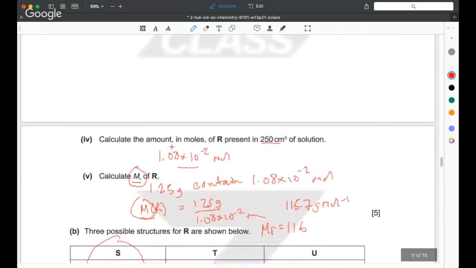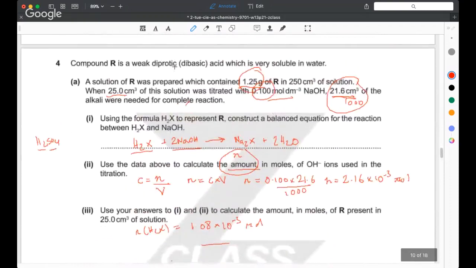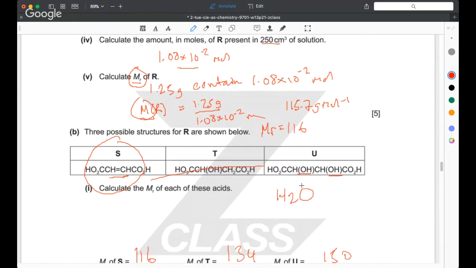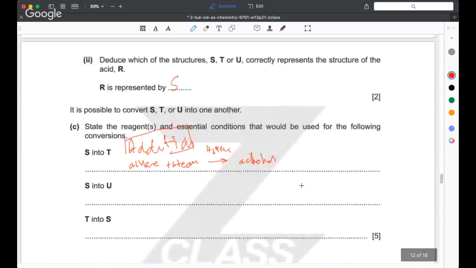Converting S into U, let's just check back. So we're now converting S into U, and you can see at this point each of the carbons at the end of this double bond has become an alcohol. So to go from an alkene to these two alcohols, which is called a diol, you need to know that you use cold acidified potassium manganate 7.